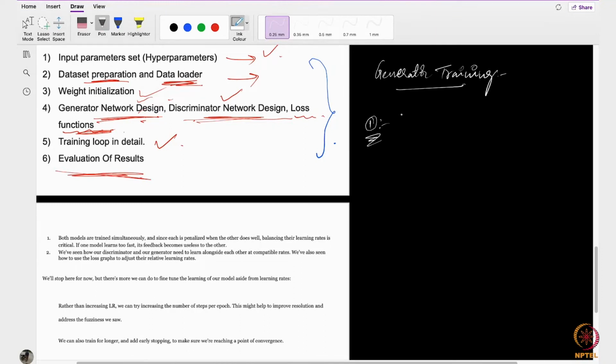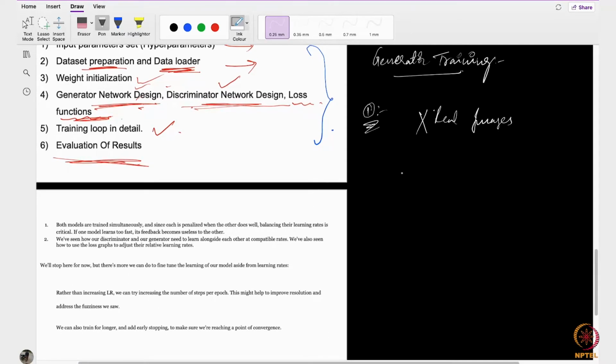Now coming back to generator training. While training the generator, we won't consider real images. We only have fake images. Here, suppose this is a fake image, but we will give its corresponding target value as 1.